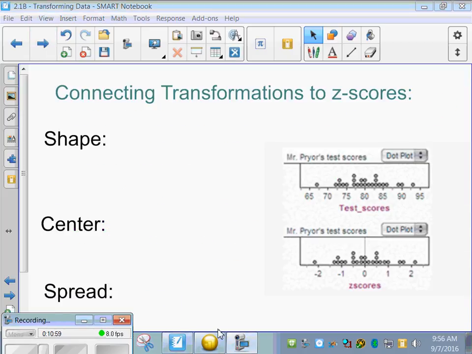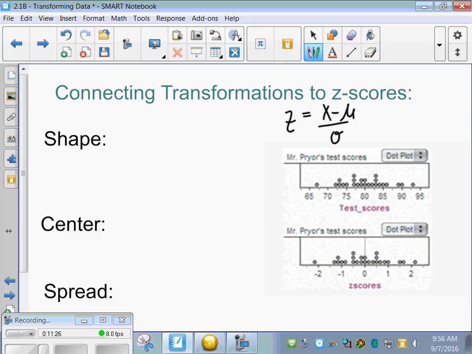Okay, so z-scores. This is going to be a big deal for this chapter and for a while. We talked about z-scores yesterday, when we asked how well Malcolm did when he got an 86% on the test, comparatively to the rest of the class. So we standardized everything with z-scores. To find the z-score, we take your data point, subtract the mean, and divide by the standard deviation.